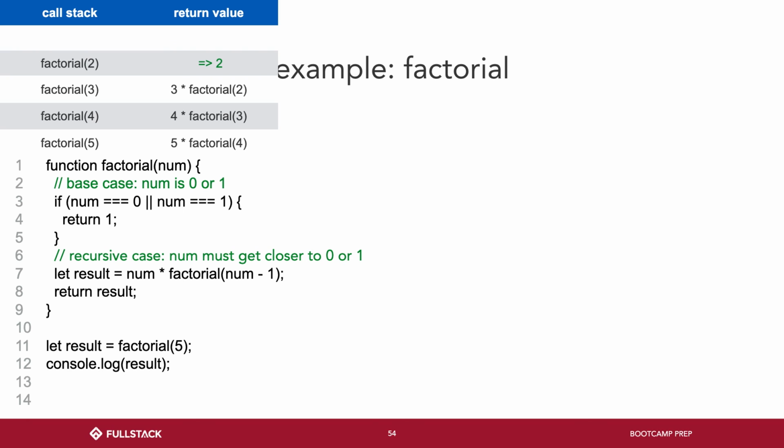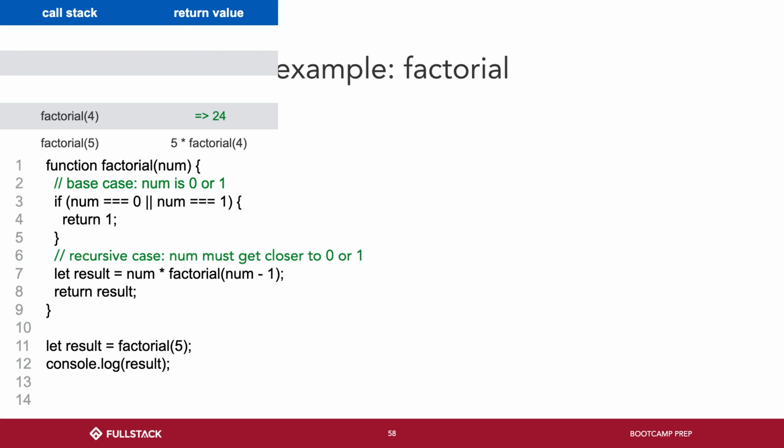So that means factorial of 3 that was waiting for factorial of 2 to return something, factorial of 3 then returns 3 times 2. So factorial of 3 returns 6. Factorial of 4 was waiting for factorial of 3 to return something because it's trying to multiply that by 4. So 4 times 6, you get 24.